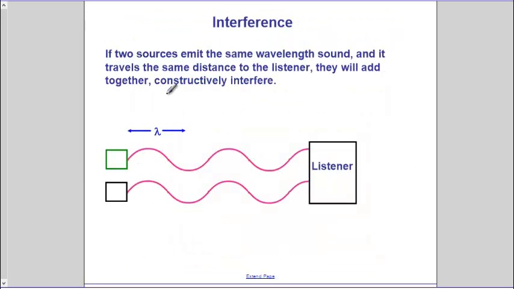So let's just imagine we have an experiment where we have two sources of sound. Just call these speakers. Call this speaker A and call this speaker B. If these speakers are emitting the same wavelength or frequency of sound, so you can see the wavelengths are similar, crest corresponding with crest, these waves are said to be in phase.